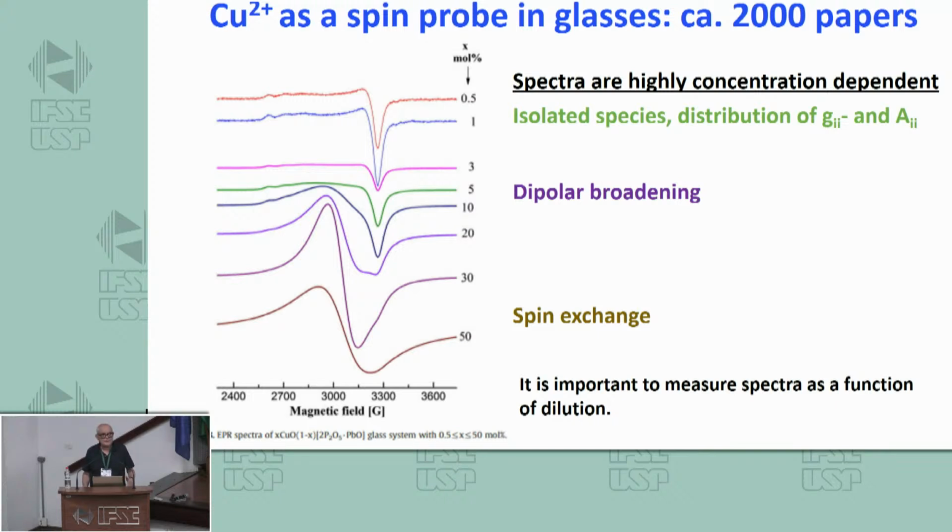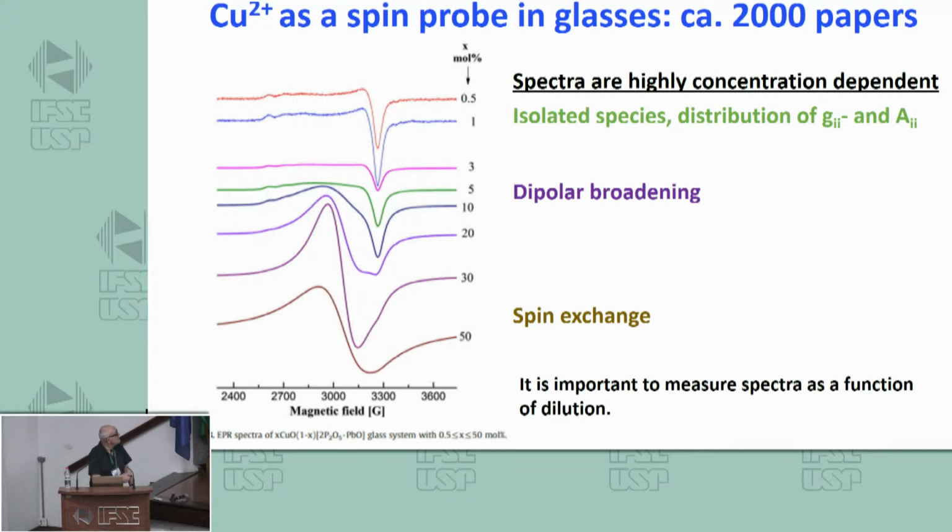Many people throw in some EPR results in addition to lots of other stuff in the glasses, and then the spectra are not competently recorded or not properly analyzed. So you have a lot of published EPR work that has not been properly refereed appearing in the literature. You have to be very careful and apply your judgment on what you want to believe.